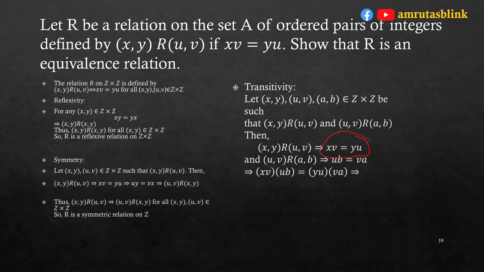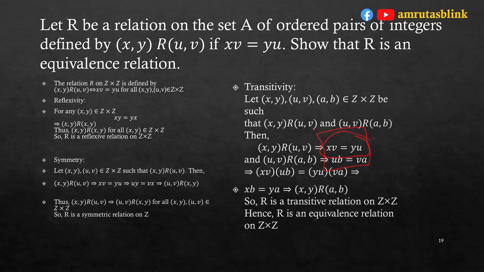So now if we consider the product of these two, then the LHS, that is xv into ub, will be equal to yu into va. So if we cancel the common terms, then we can say that xb is equal to ya, and hence (x, y) is related to (a, b), and hence R is a transitive relation on Z.